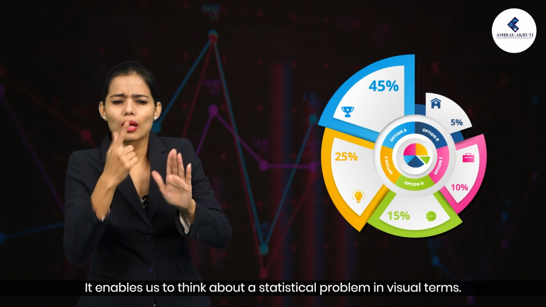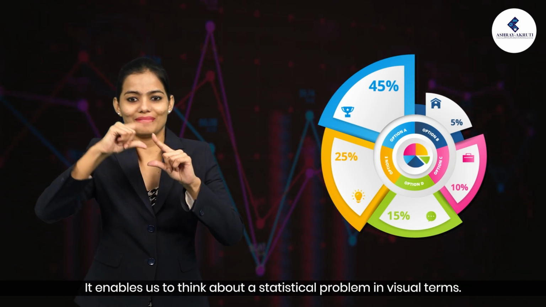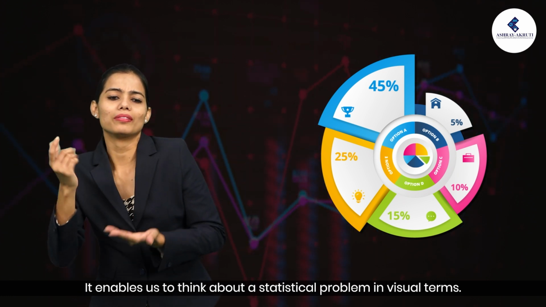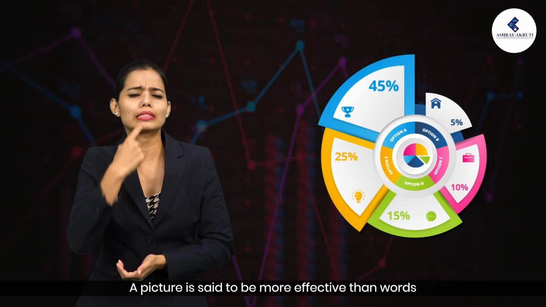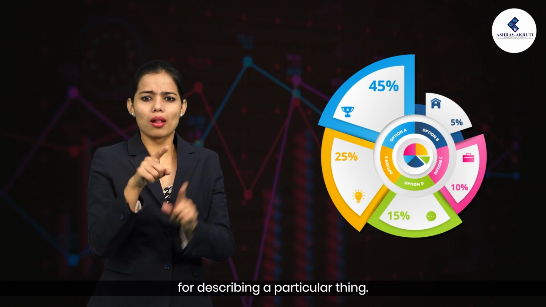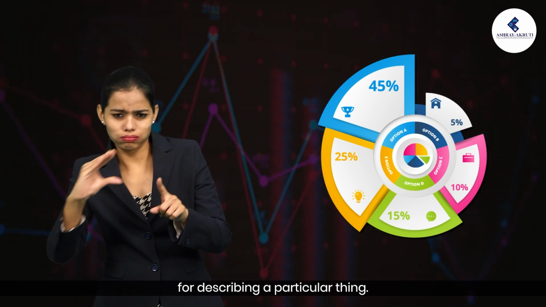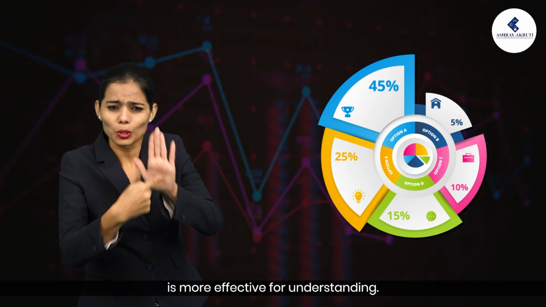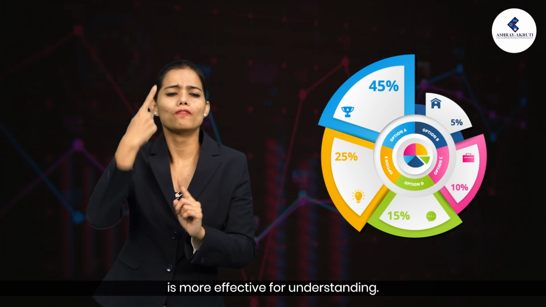It enables us to think about a statistical problem in visual terms. A picture is said to be more effective than words for describing a particular thing. The graphical representation of data is more effective for understanding.